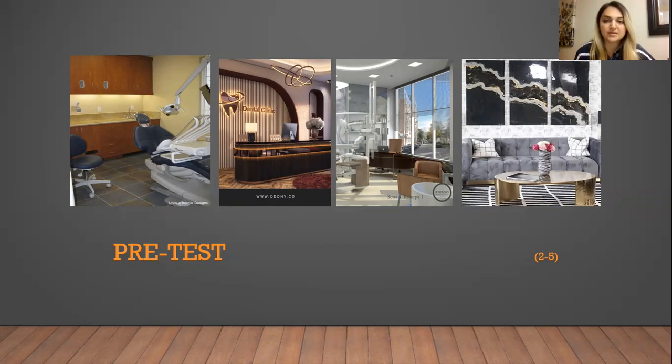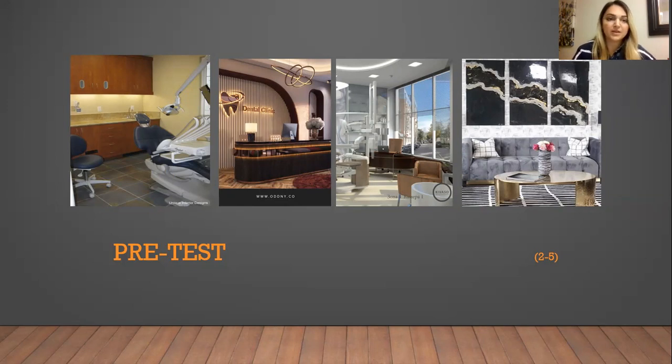Gray is also a symbol of balance. In the third picture, you see how bright it is, and they use white for the ceiling, walls, even the floor. So different combinations of colors convey different messages to people.